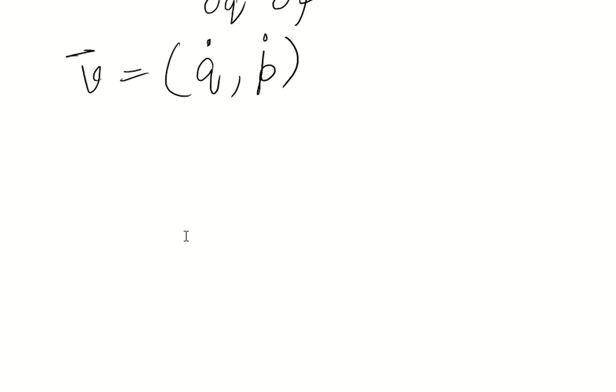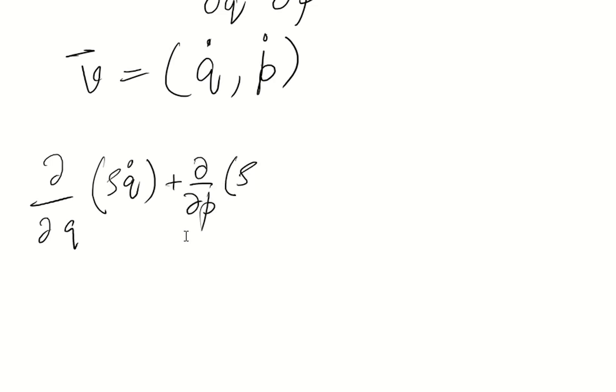In simplified terms, it would be written as partial over partial q times rho q dot plus partial over partial p times rho p dot, and this would be equal to, okay, we are now rewriting equation 5 basically. I write the right hand side along this, so we don't have to rewrite everything again. So minus partial rho over partial t.